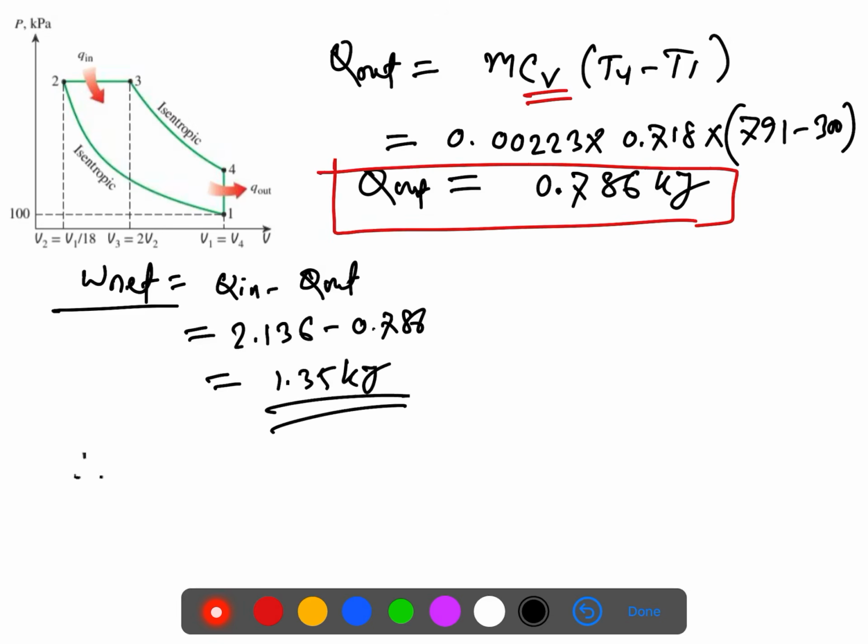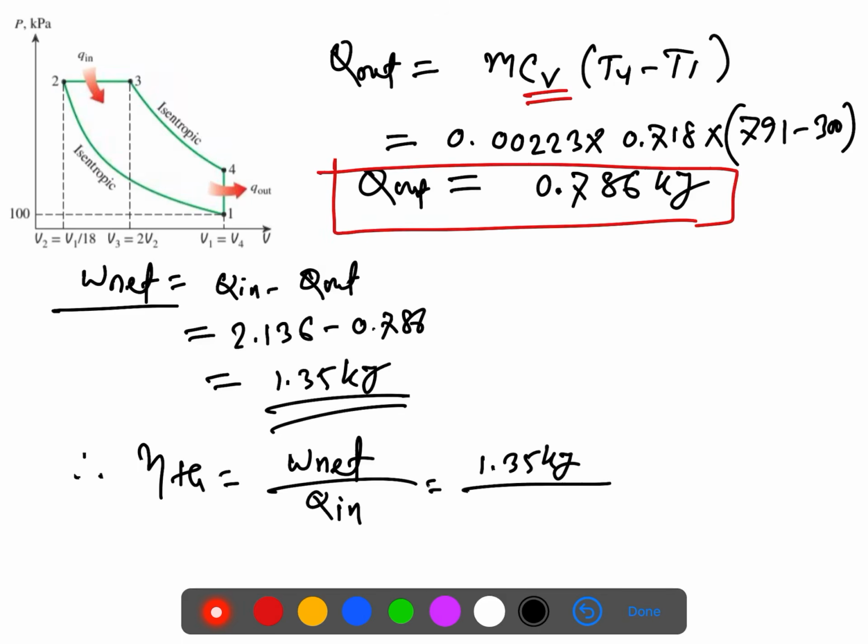Then for the thermal efficiency, just use the net work over the heat in. Net work is 1.35 kilojoule, heat in is 2.136 kilojoule. So it will be 0.632 or 63.2%. So this is the thermal efficiency. We need to do a lot of calculations, but it is not complicated.